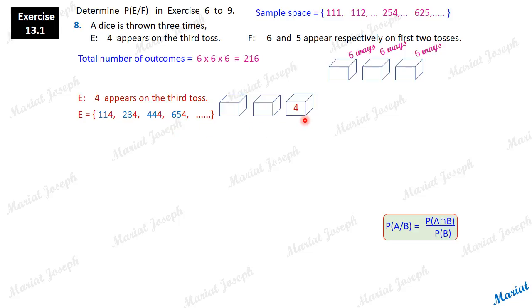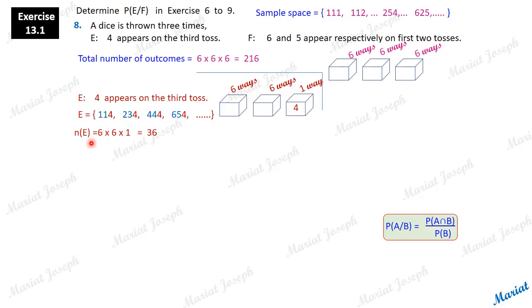That means it should happen in only one way, exactly 4. But the other 2 dice can show their numbers in 6 ways respectively. So by the multiplication principle, this kind of combination can happen in 6 into 6 into 1, that is 36 ways.